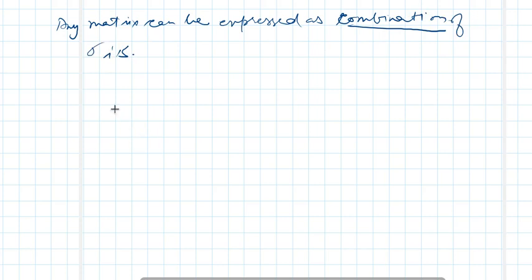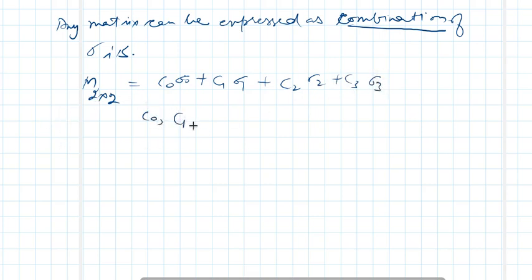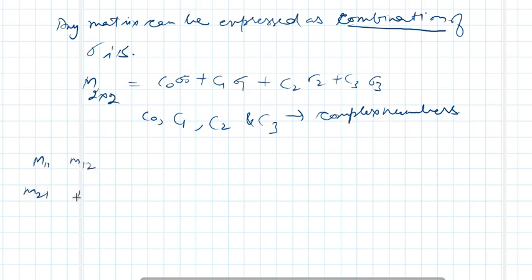For this, consider a 2 by 2 order matrix M, and assume that it can be written as C naught sigma naught + C1 sigma 1 + C2 sigma 2 + C3 sigma 3, where C naught, C1, C2 and C3 are complex numbers.